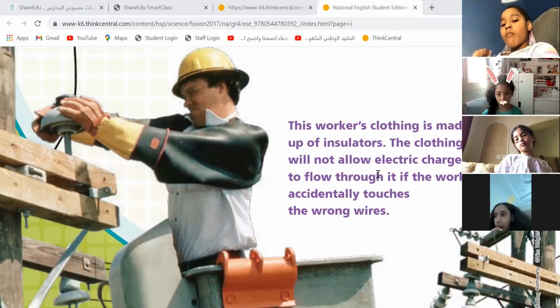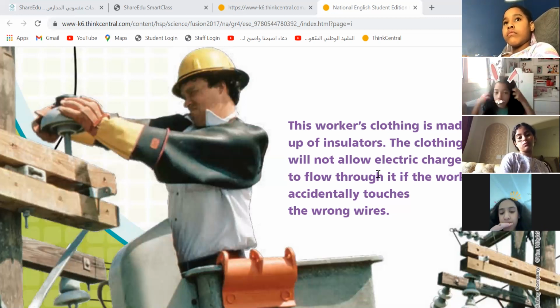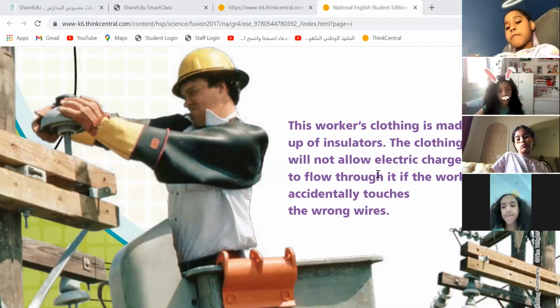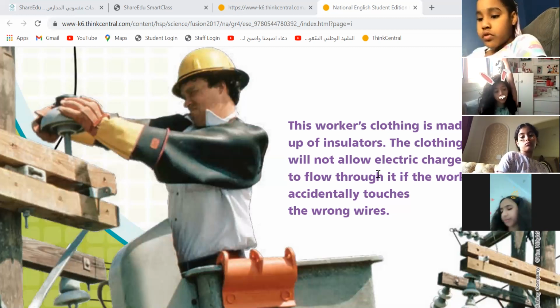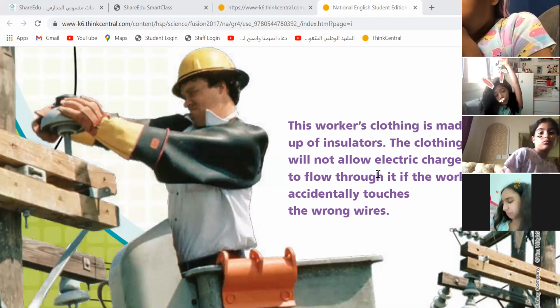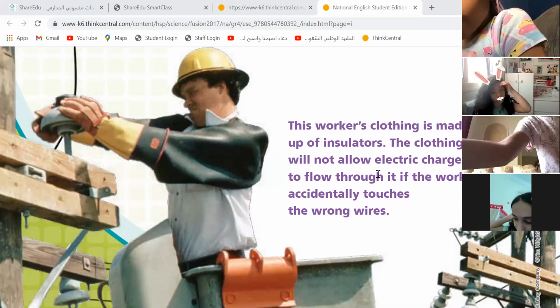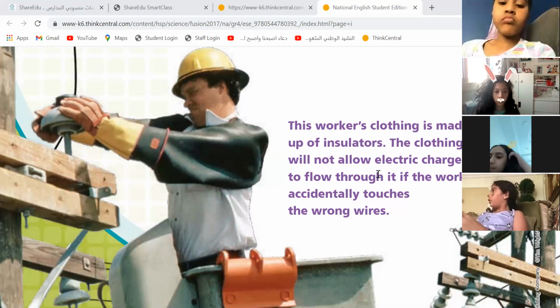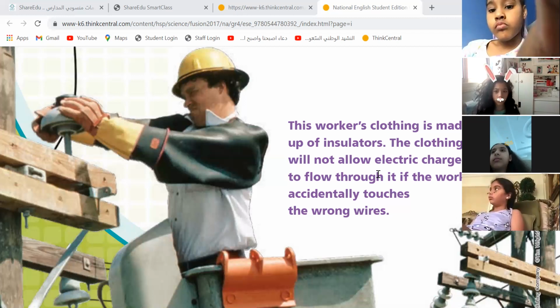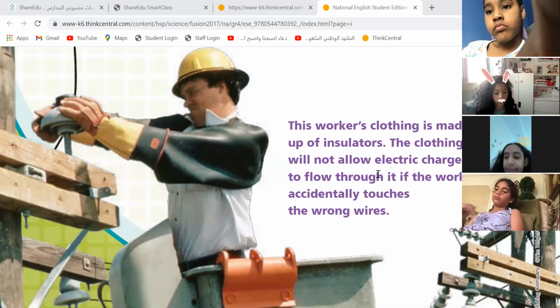Conductors. Excellent, Yaleen. Conductors like to move things from one place to another, heat and electricity. So the wires are made of what? They move electricity through them.